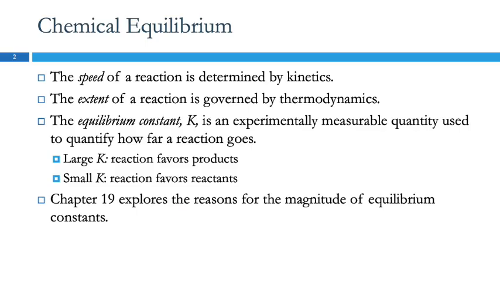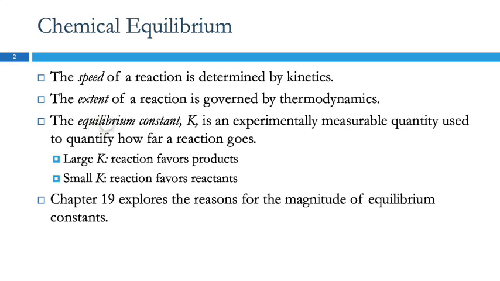What do we mean by equilibrium? Well, we've been talking about kinetics, right? Kinetics studies how fast a reaction goes, whereas the extent of a reaction, how far it goes, is governed by thermodynamics.